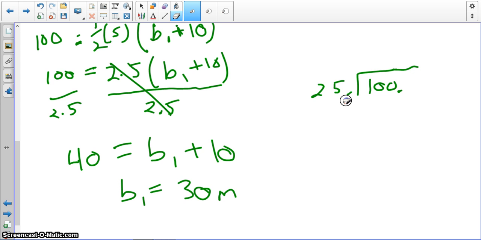Okay, but I got to do the same to this part. So we're dividing into 100, so we got to move this over 1 because I moved this over 1. It moves to the right by 1.